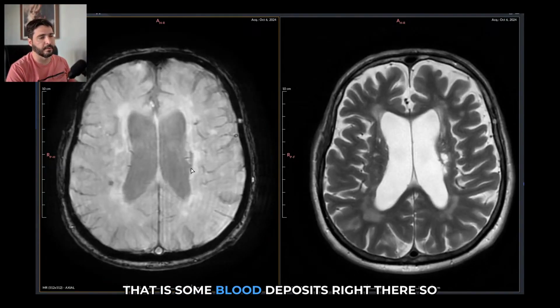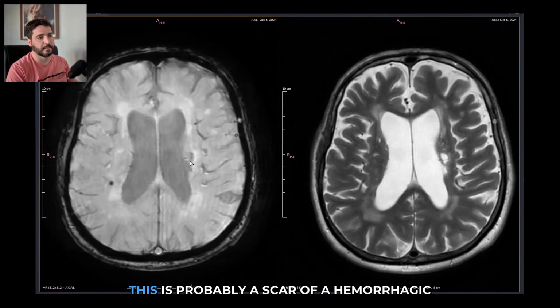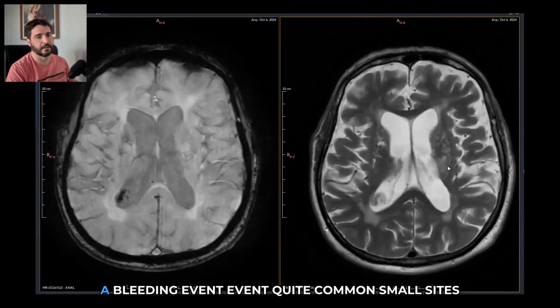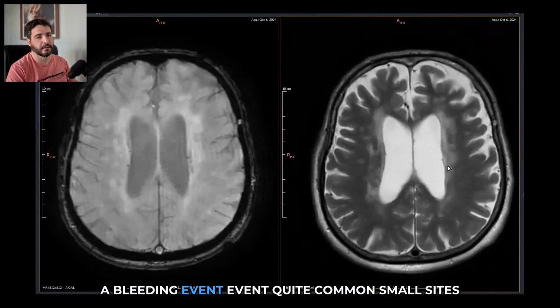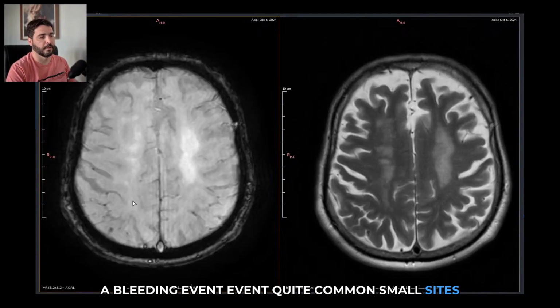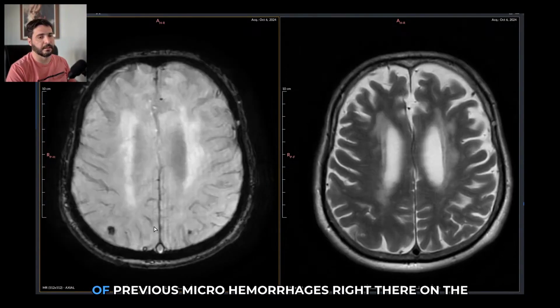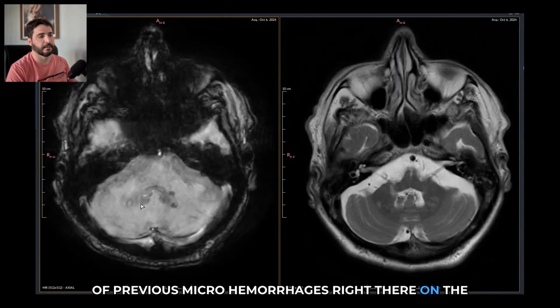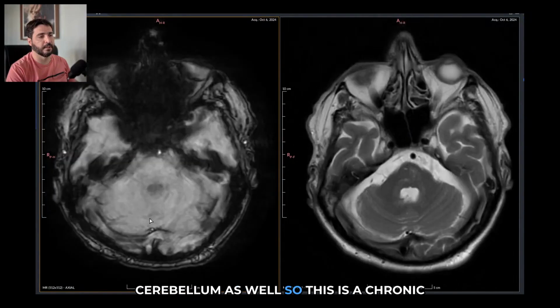Yes, there are some blood deposits right there. So this is probably a scar of a hemorrhagic, a bleeding event, quite common. Small sites of previous microhemorrhages right there on the cerebellum as well.